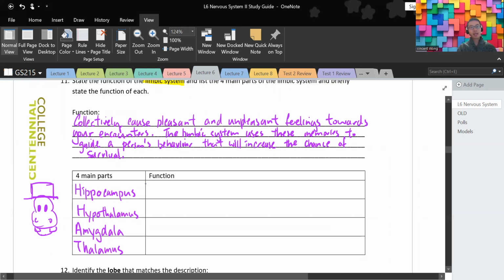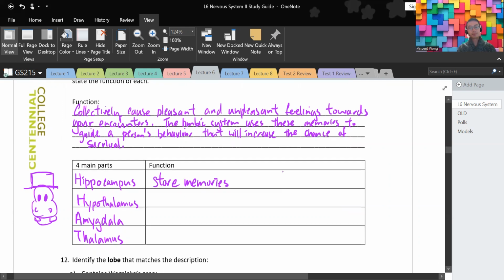So the function of the hippocampus is to store memory. And so all these encounters, you've got to store them somewhere. Store it in the hippocampus. Hypothalamus is autonomic response, and hormone secretion.